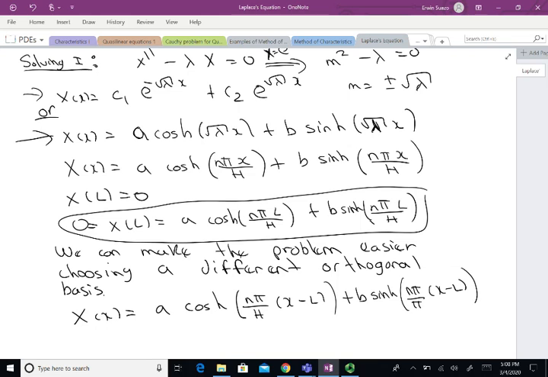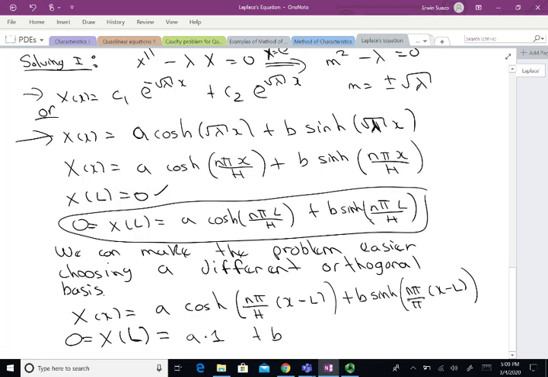We need to choose A and B such that it satisfies x of L equals 0. That's the trick, guys. When we make x of L equals 0, things simplify. I will have cosine hyperbolic of (L minus L), which is 0, so n pi over h times 0 is 0, and cosine hyperbolic of 0 is 1.